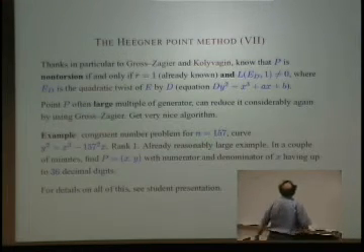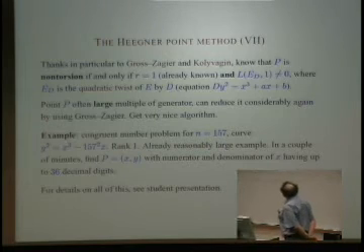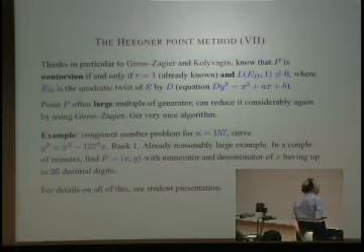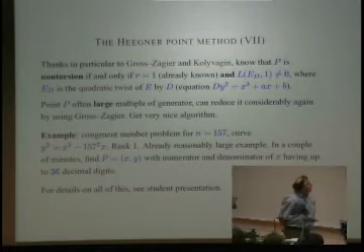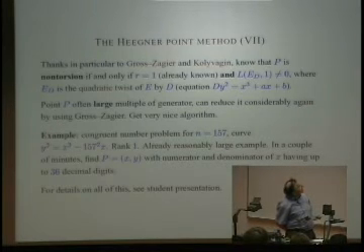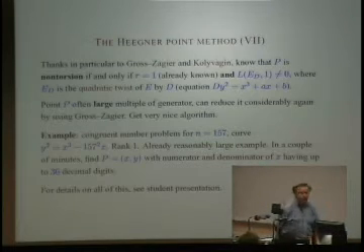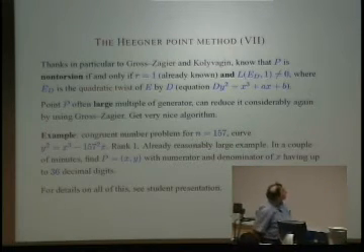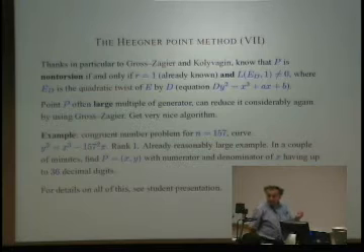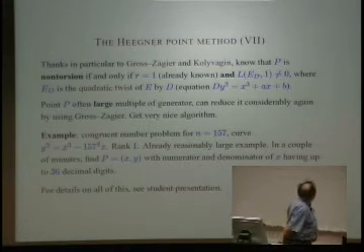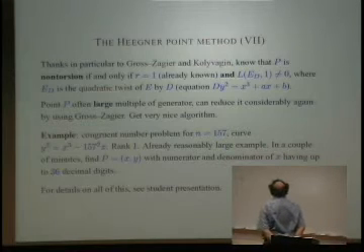So, final slide on the Heegner point method. Thanks in particular to the theorems of Gross-Zagier and work of Kolyvagin and so on, it's known that P, the point that you obtain at the end of this process, is non-torsion if and only if, first of all, the rank is equal to 1, and I think I repeated this often enough. This is already known.